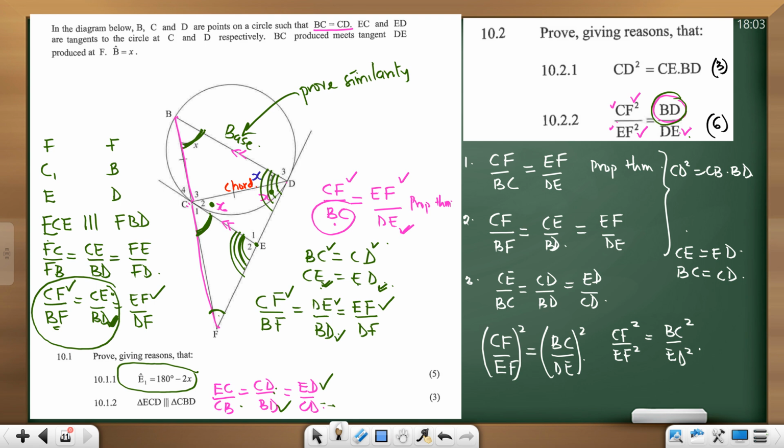Guys, I found it. Look at this. BC and ED. This examiner is sneaky. BC, ED. Is our CE equal to ED?